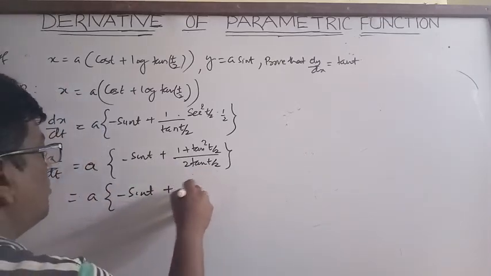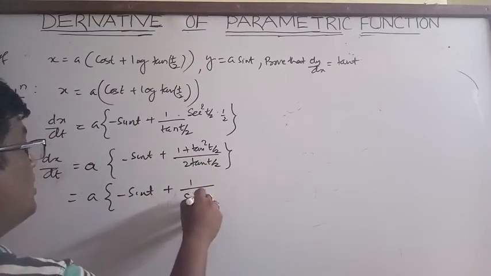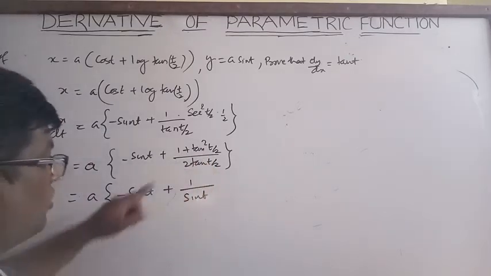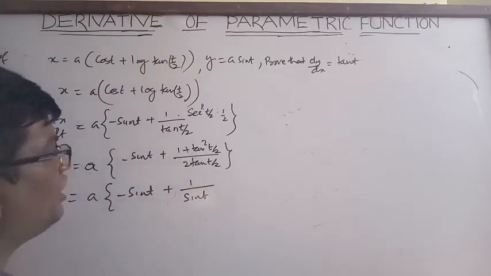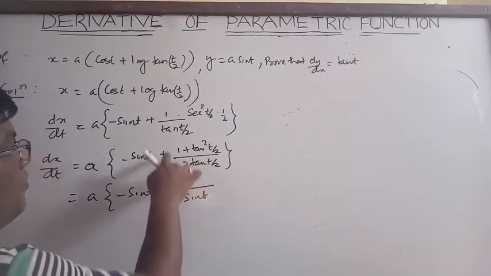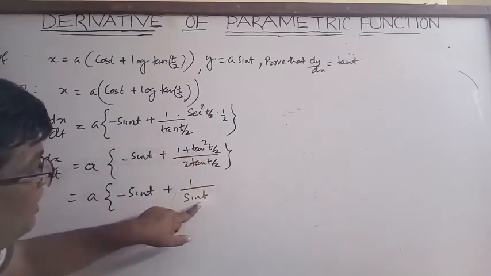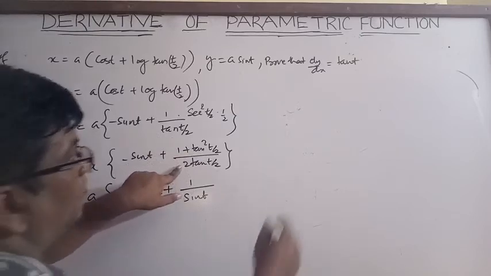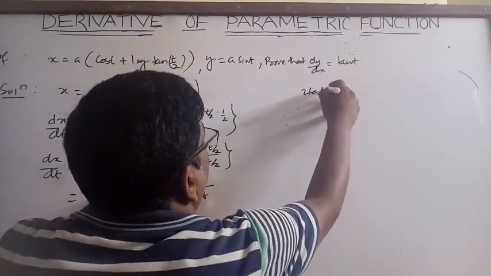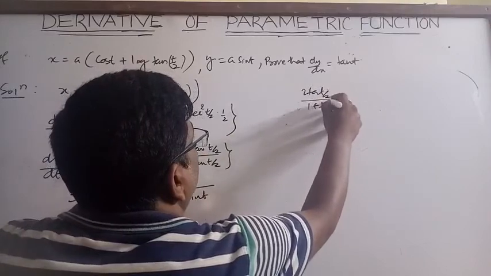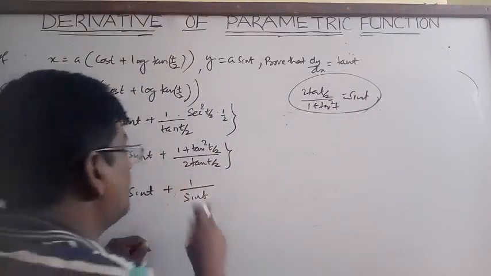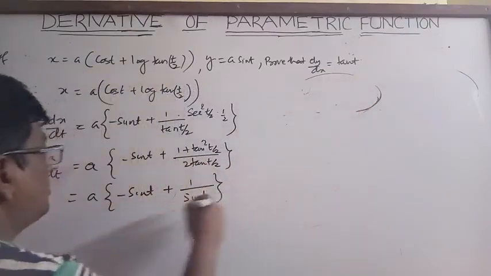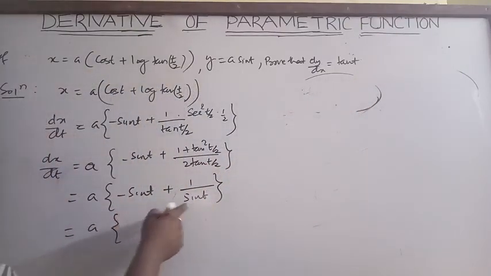So 2 tan t by 2 by 1 plus tan square t by 2 is sin t, but this is in the denominator, so it is the reciprocal, 1 by sin t.